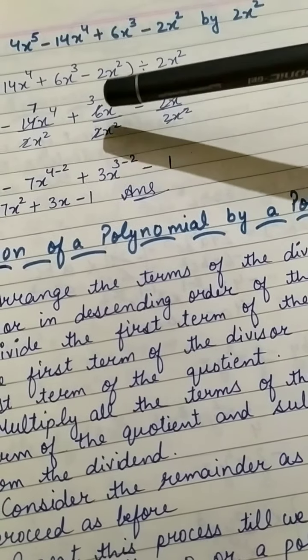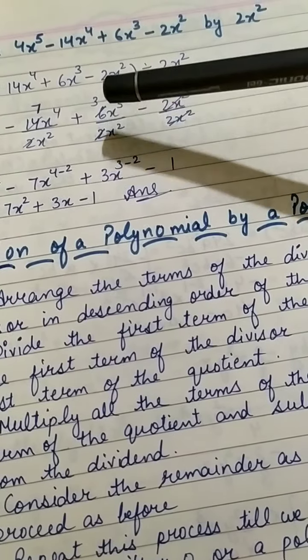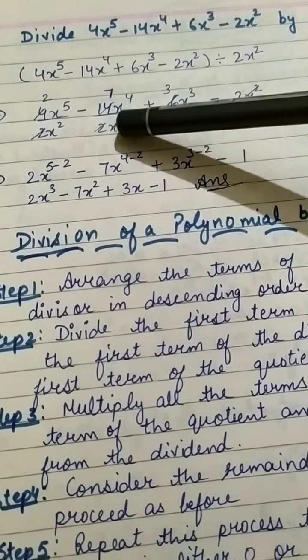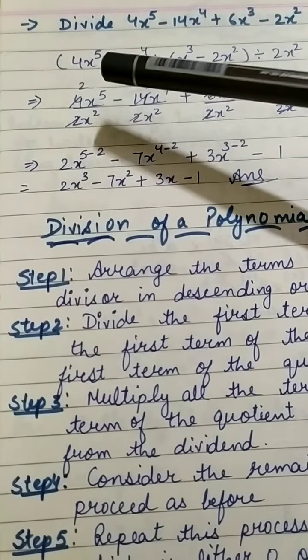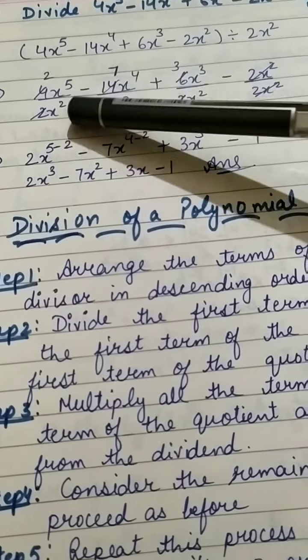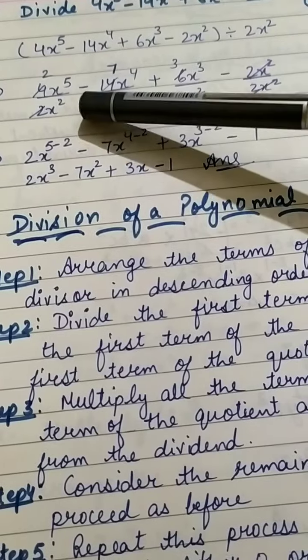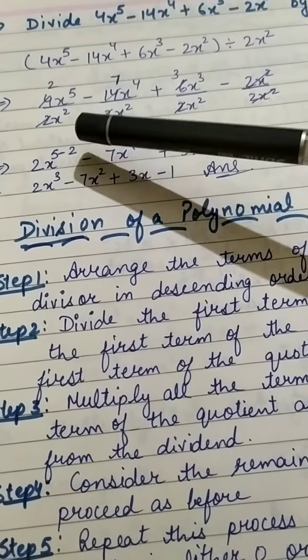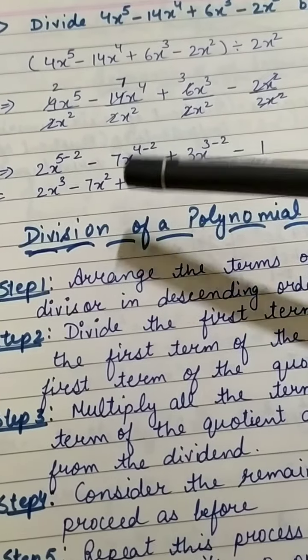6 is divisible by 2, so 2 threes are 6. Here also 2 sevens are 14, 2 twos are 4. So what is left? 2. Now you can see we can also cancel the variables here, but we have applied the division law here.